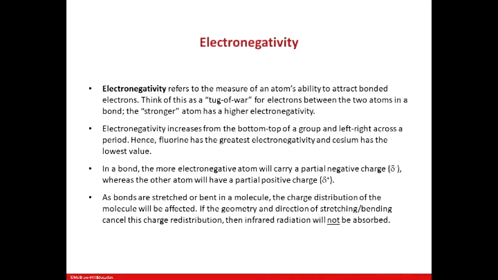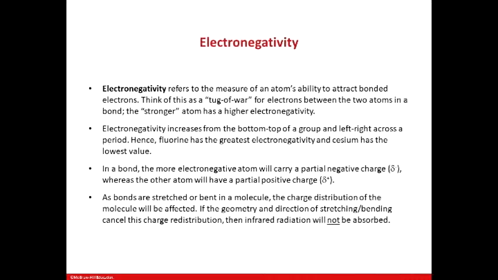The most electronegative is in the upper right-hand corner of the periodic table, which means fluorine. It runs on that type of diagonal. In general, if it has more electrons, it tends to be more electronegative.